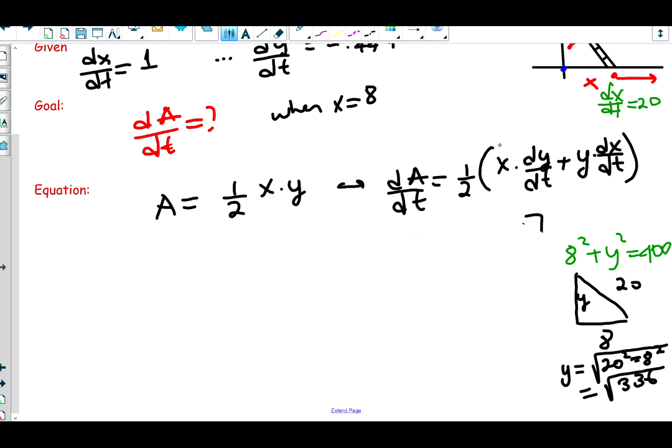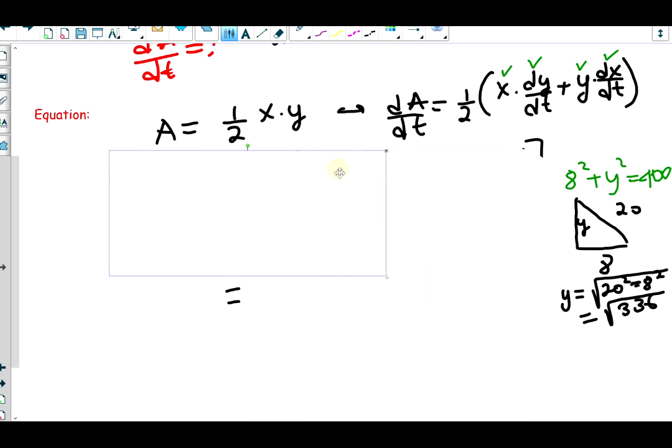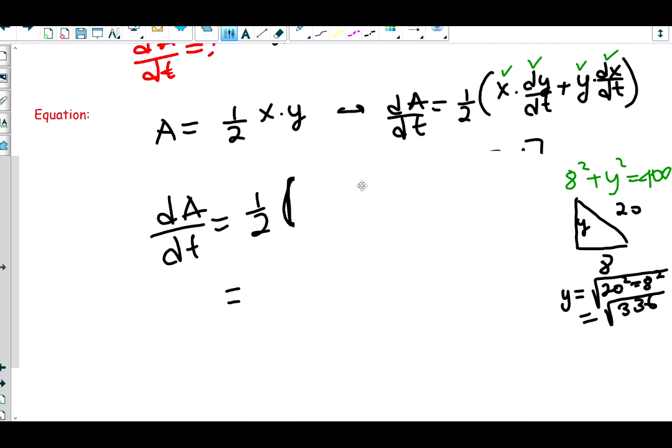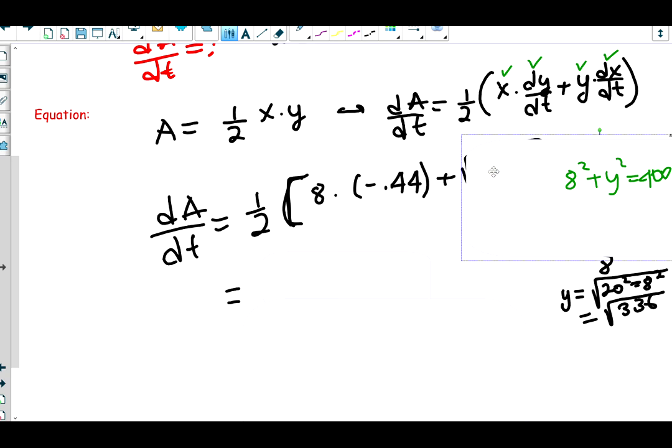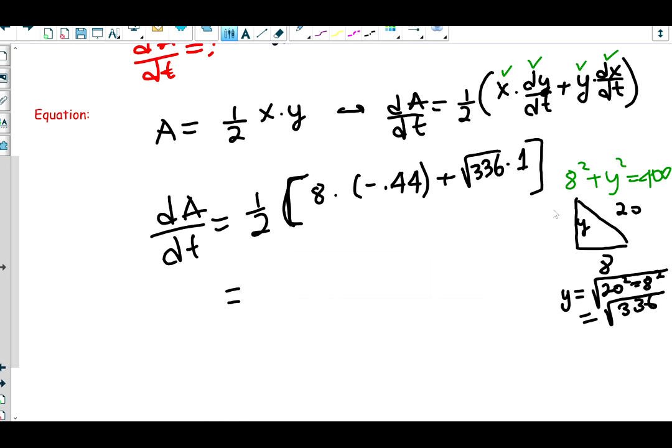So at this point everything is known, right? We know x, dy/dt, we know y, dx/dt, and we put them in there to solve for the unknown, which was the rate of change of area. So we can do that by plugging in those numbers. Don't forget the 1/2 that was up front. So x was 8, dy/dt was negative 0.44, y we just got, square root of 336, times dx/dt, which is 1.